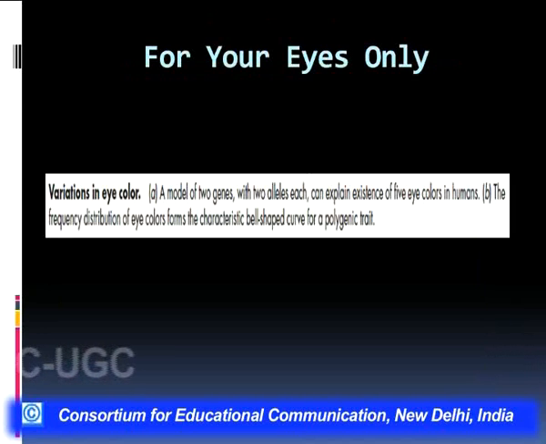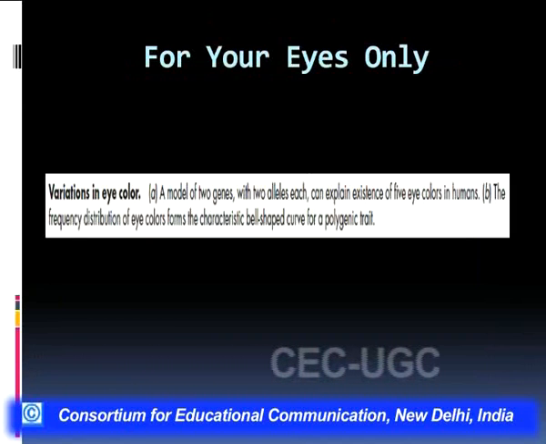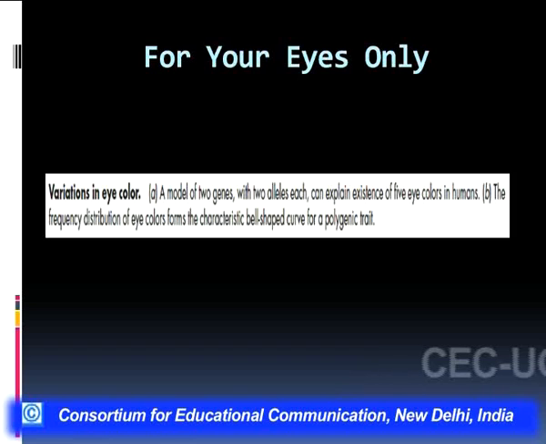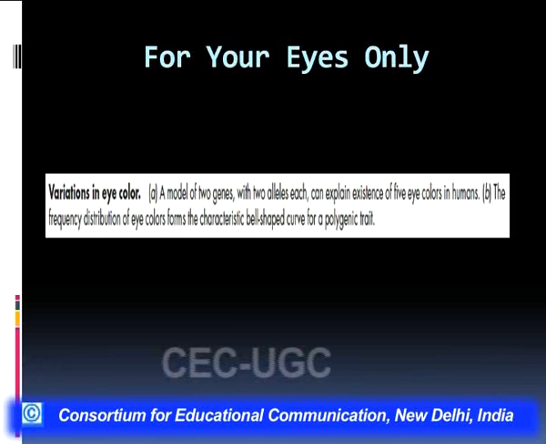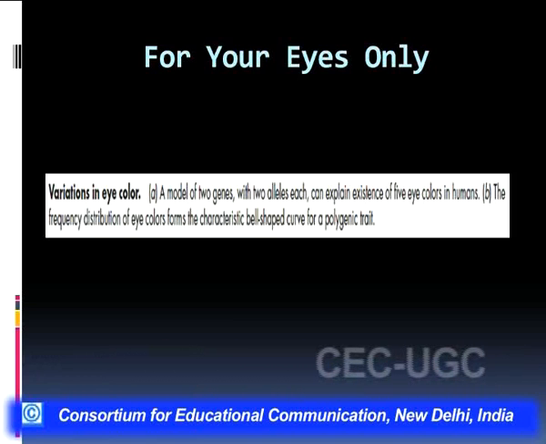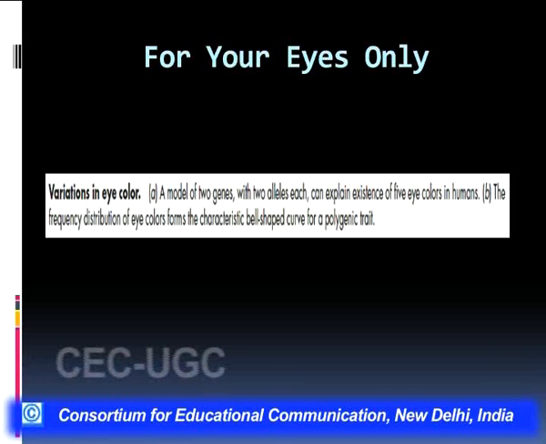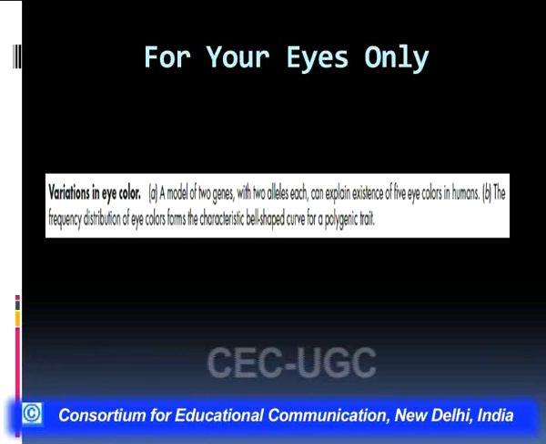Now, we move to eye color, which is so very frequent. We see so many people around us who are dark eyed, brown eyed, and people with hazel eyes, blue eyes or even green eyes. Now, this is a character which is based on different genes.